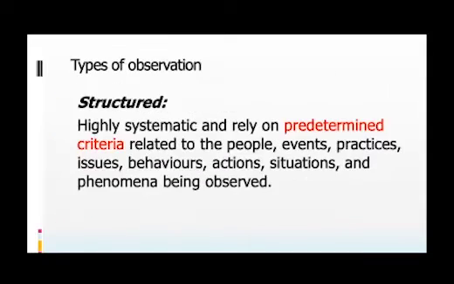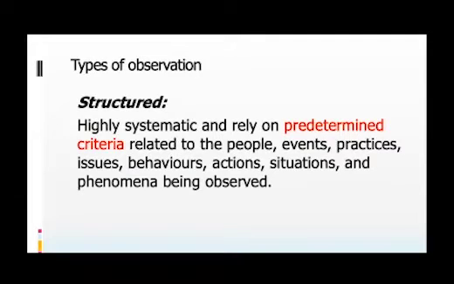Now, we have different types of observation. We have what we call the structured observation, which is highly systematic, and you rely on predetermined criteria. So you have a checklist of predetermined criteria.